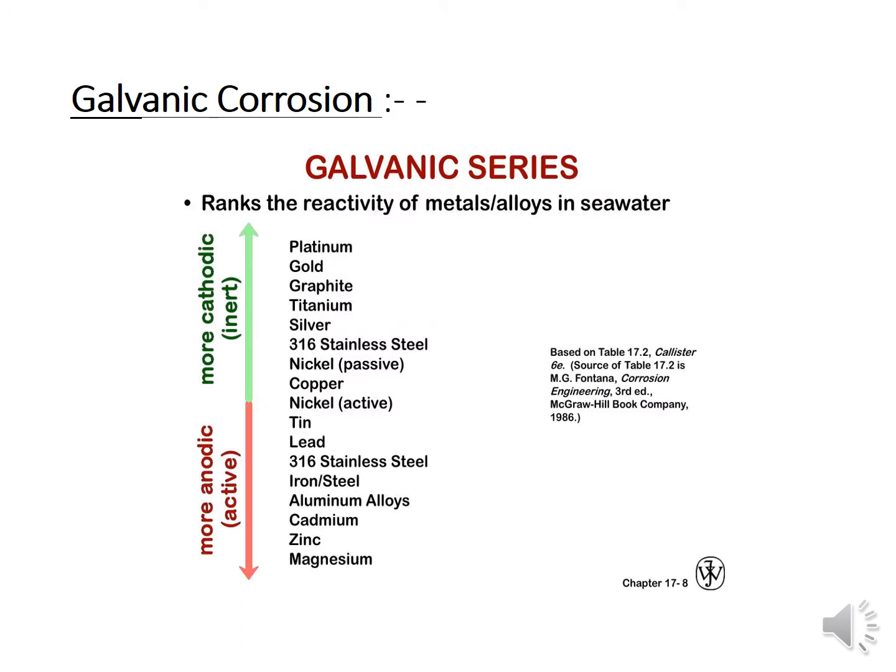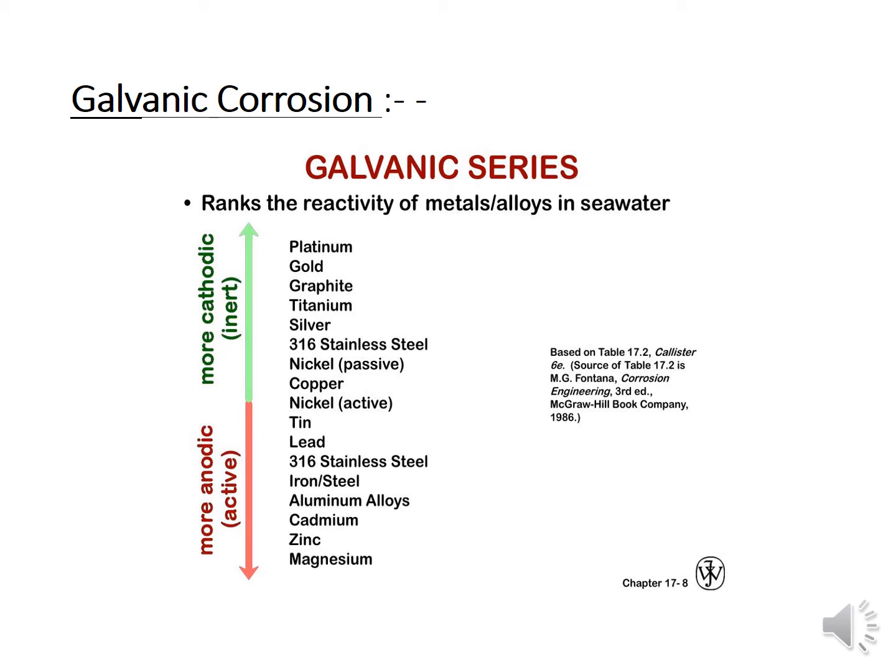Galvanic corrosion. Before starting with galvanic corrosion, we have to understand the galvanic series. This is a reactivity series of metals. When a metal is in contact with another metal, they will form a cathode and an anode in the presence of a liquid medium.